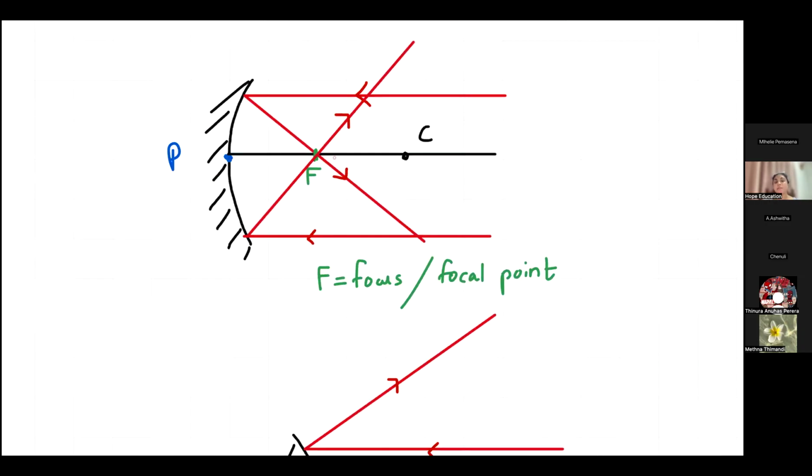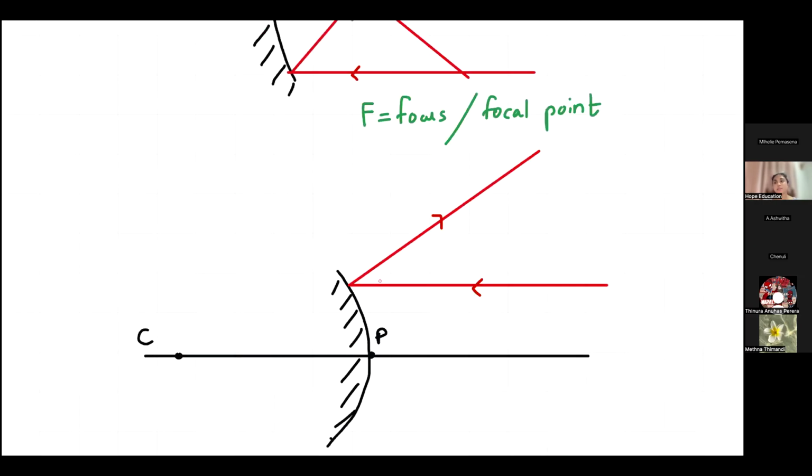The point where the reflected ray met the principal axis, I labeled as the focal point. But here, this reflected light ray is not meeting the principal axis. It's just moving away. So, since it's not meeting the principal axis, I'm going to extend it backwards.